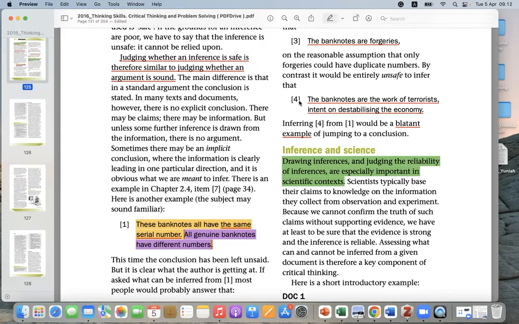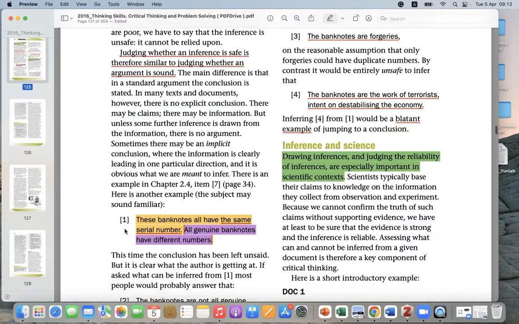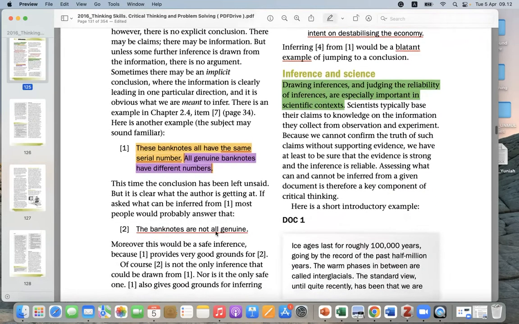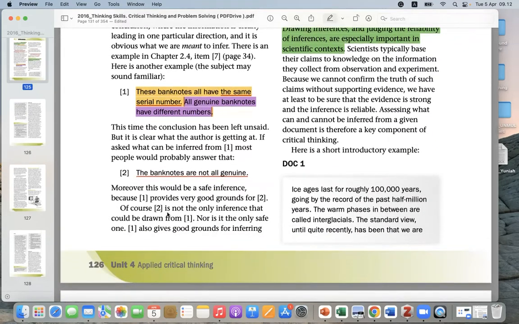It is the conclusion from number one. But when you make an inference by using the sentence of number four from the facts of number one, it means that you are jumping, you know.